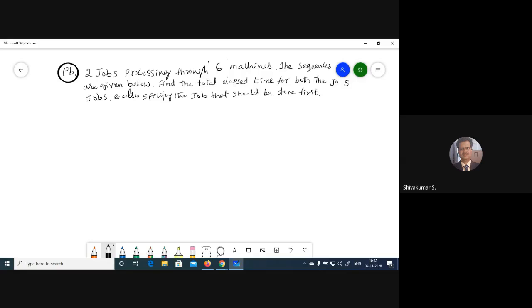So it's a question problem I'm solving here. You have job 1 and the machine sequence given here, and also the processing time in hours.